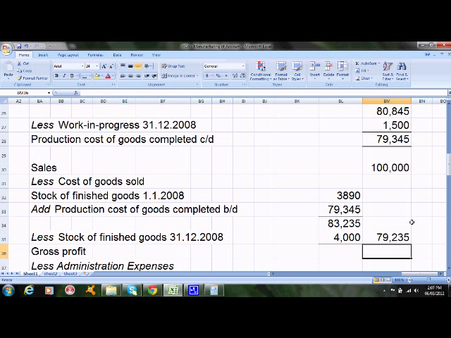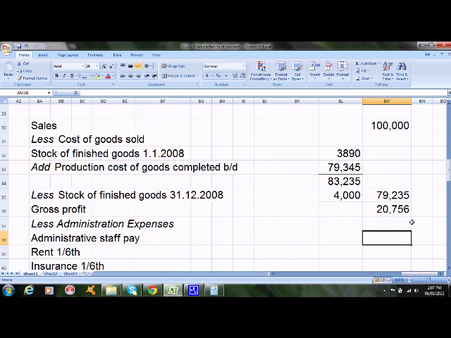This is what they call cost of goods sold. In the TPNL we subtract the cost of goods sold from the sales to get to our gross profit, and we get 20,756.